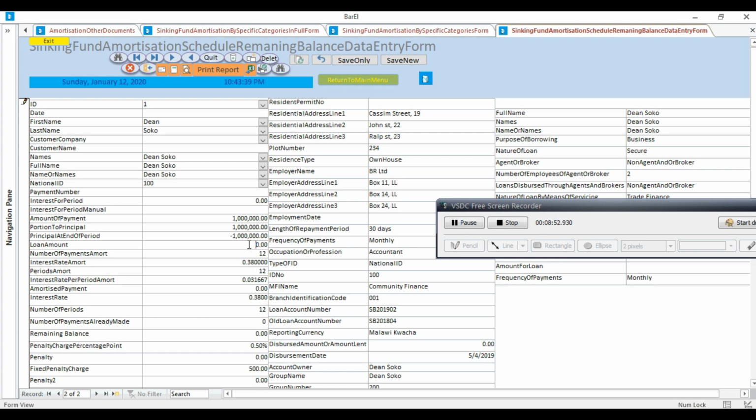Let us say the loan amount here is 1 million. Let us fill this, it's 1 million. Let us fill it here on the interest. Let us say the payment number is 1.